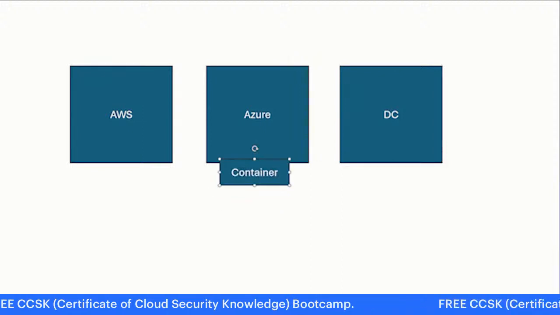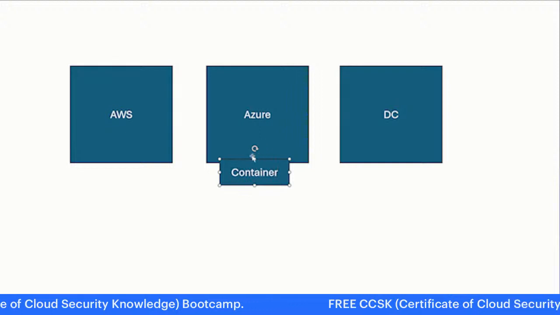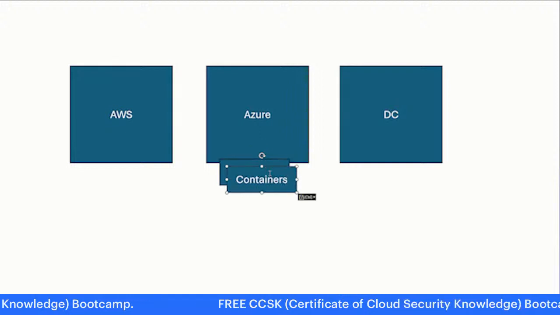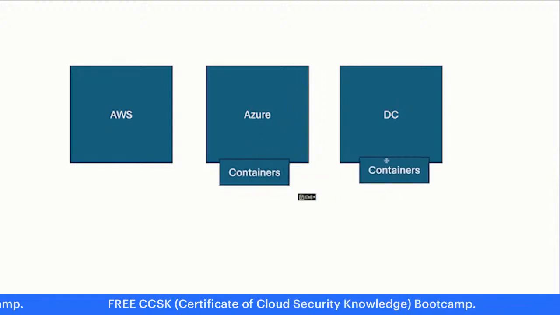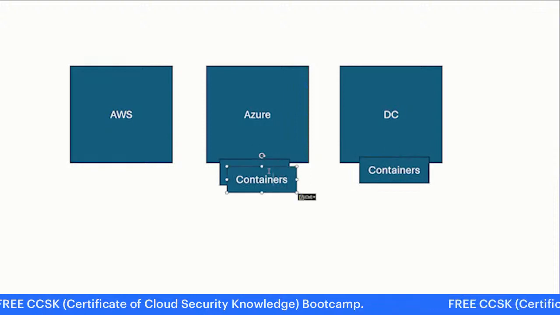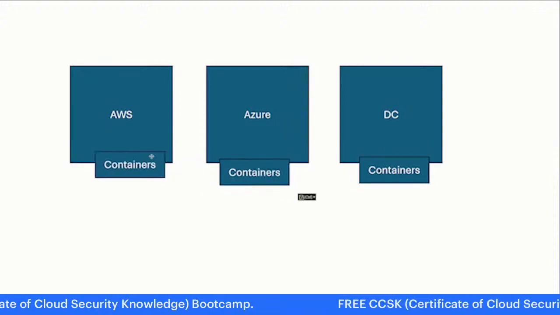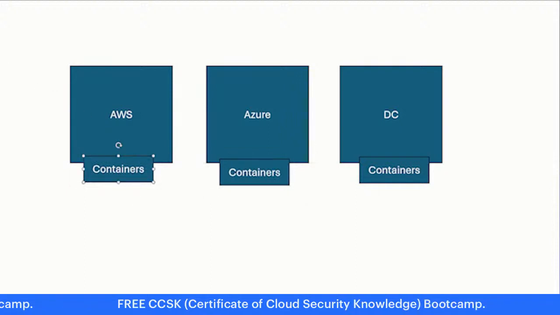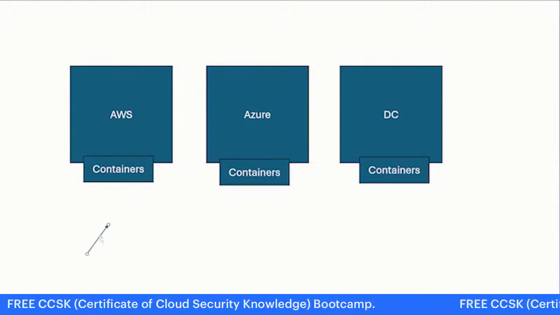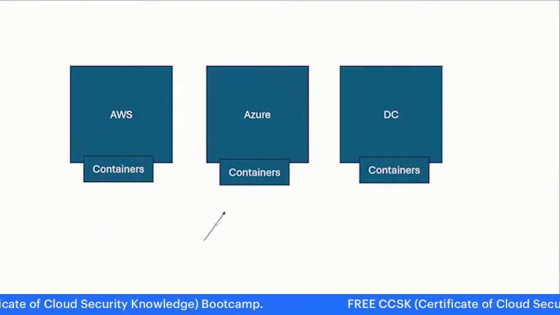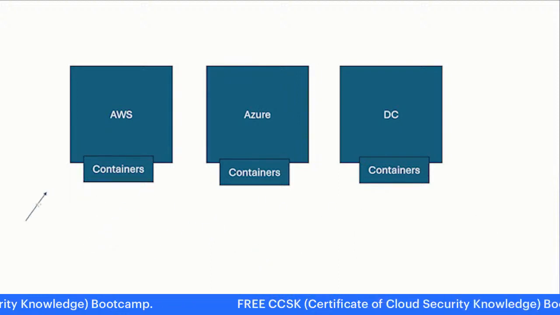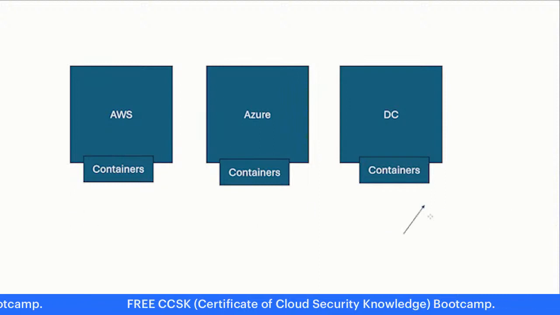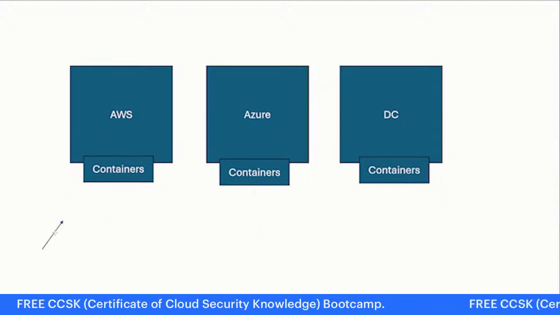So I have containers, and we need the containers to scale in, to scale out, to update, to not update. So let's pretend right now we use the Amazon Elastic Kubernetes Service, which is great. And if we use that as a control plane, it would manage the containers in AWS, Azure, and our data center. All great. All of a sudden, everything's great.